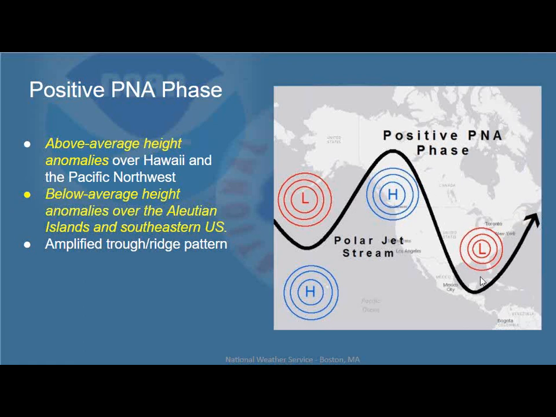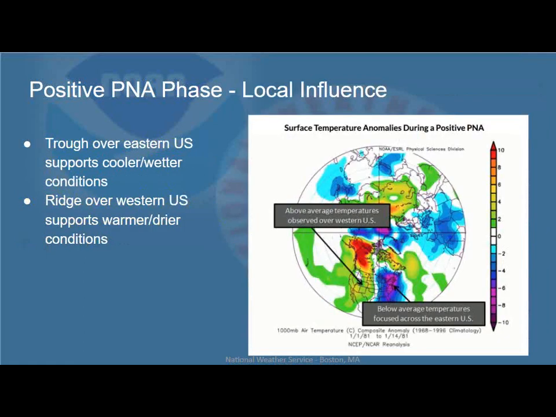This amplified trough-ridge pattern favors more frequent intrusions of colder air into the eastern US. Locally, it supports cooler and wetter conditions for our area. If you live on the west coast or western half of the US, you'll be in a warmer and drier pattern.